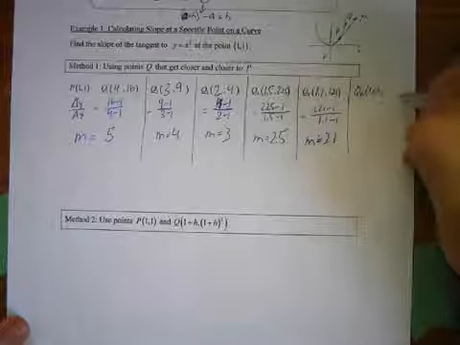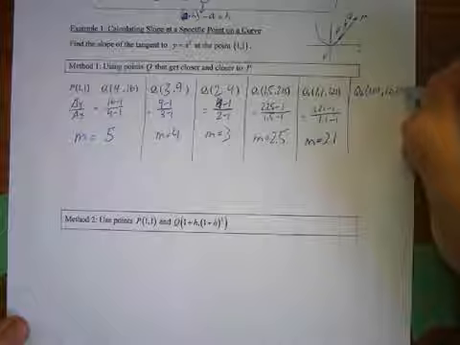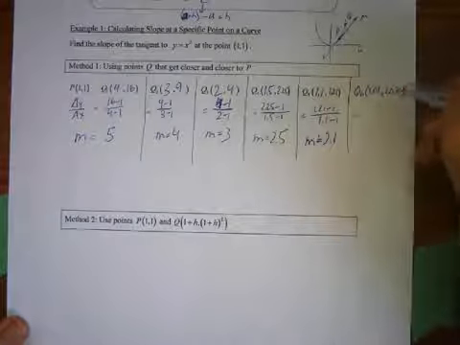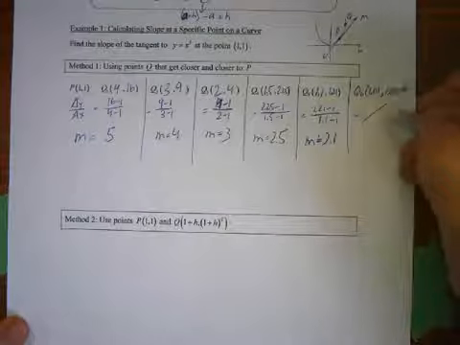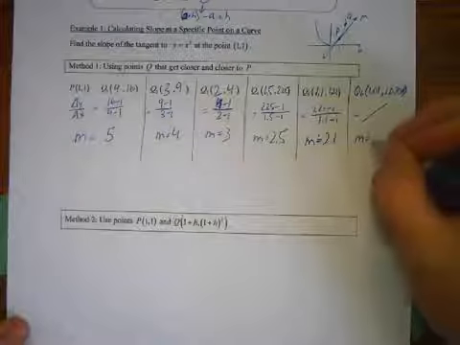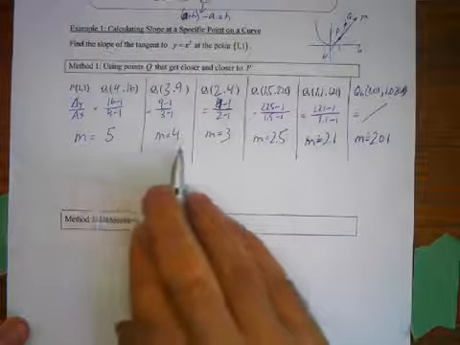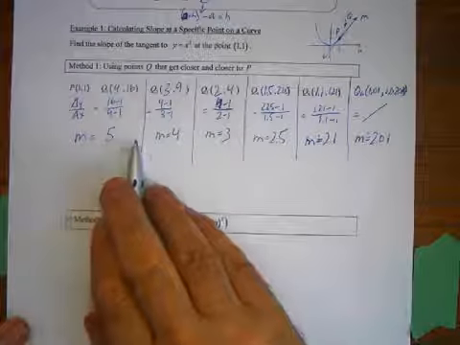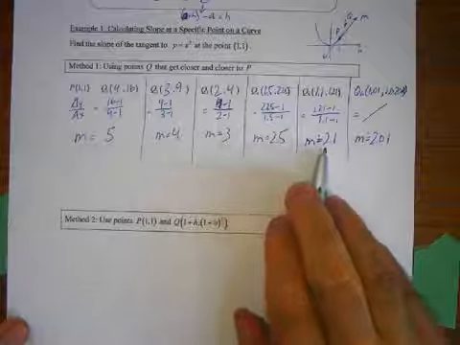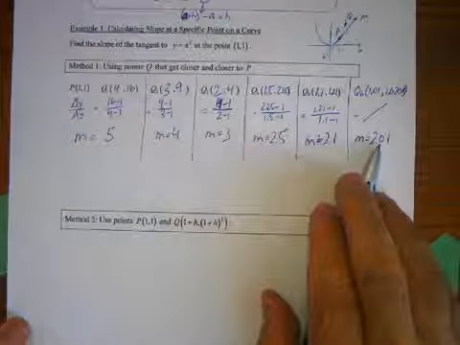If I square that, I get 1.0201. I'm not even going to do the calculation, but if I did the slope calculation between Q6 and P, I would get approximately 2.01. You can see the trend: as Q gets closer to P, the slope is getting closer and closer, and it looks like it's not going to go below 2. It looks like it's approaching 2.